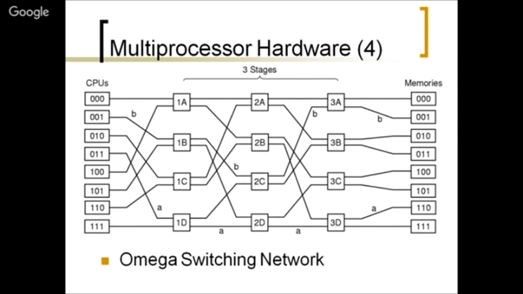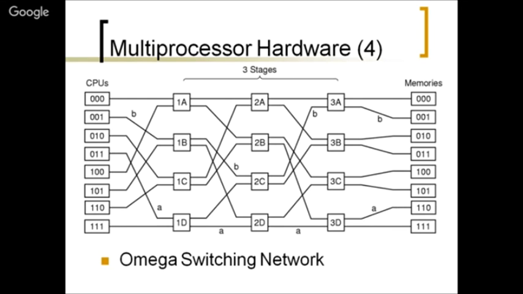Fourth type, sorry. We call it a multistage switching network. You can say on the extreme left we have the list of CPUs, then on the extreme right we have the set of memories. In between we have different stages. Here I have shown 3 stages of switching, and I marked some A and B paths. You can see how this A path grows.